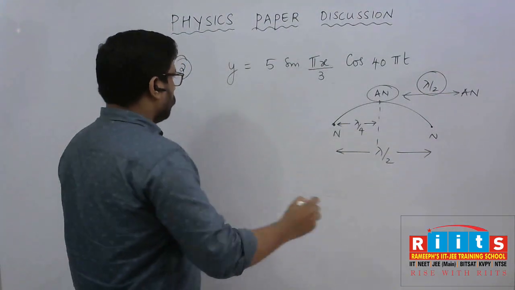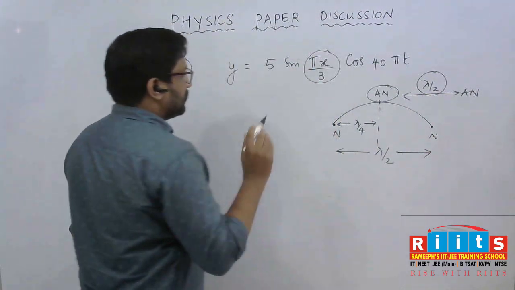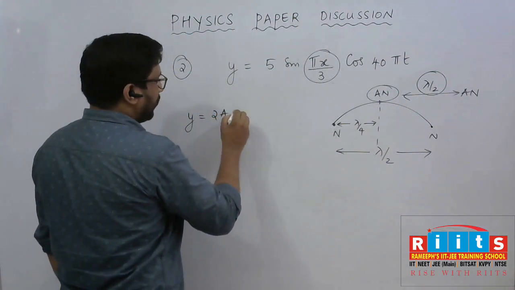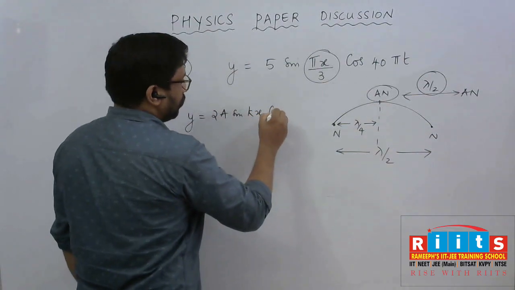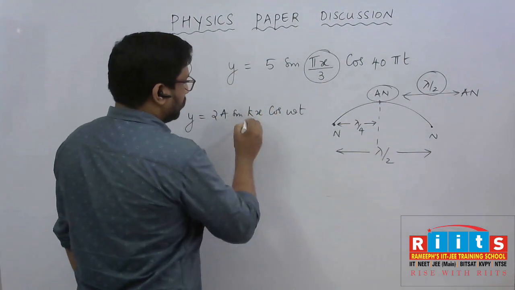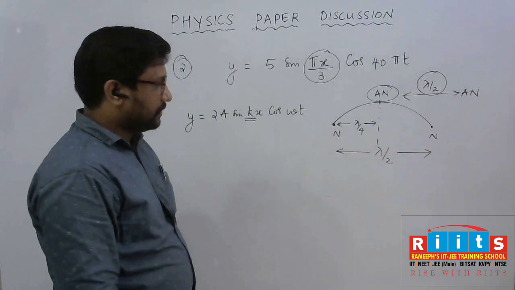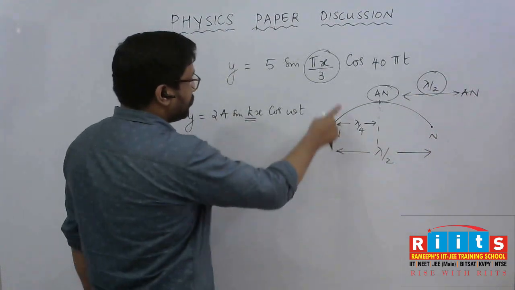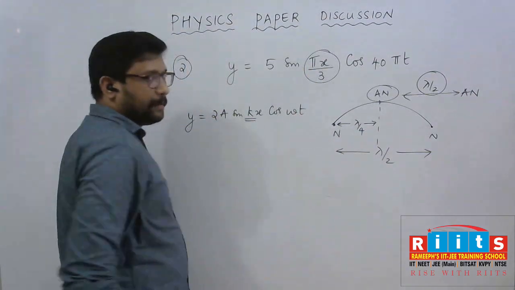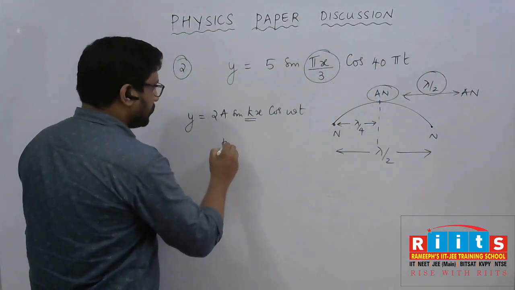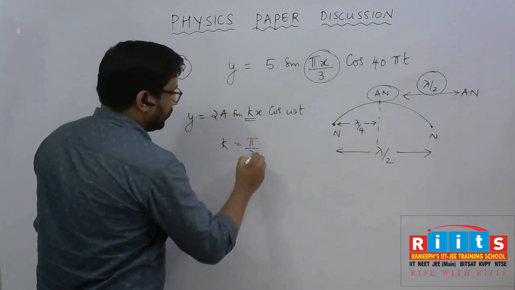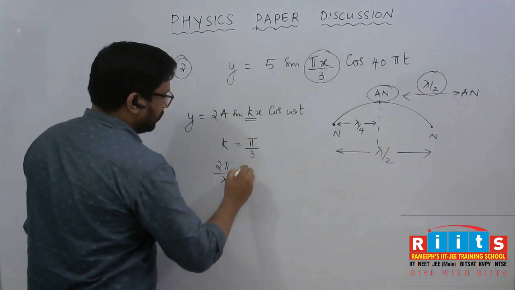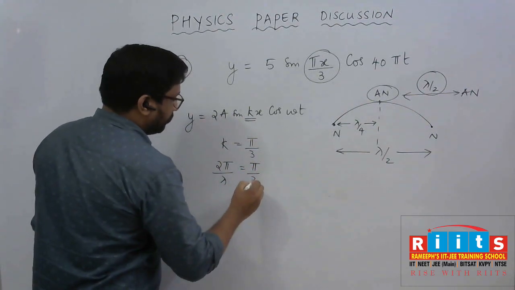The standard equation is y equals 2a sine kx cos omega t. This k is the propagation constant, so the coefficient of x will be k. Here the coefficient of x is pi by 3. So the k value is pi by 3, and the propagation constant you can write as 2 pi by lambda, which is equal to pi by 3.